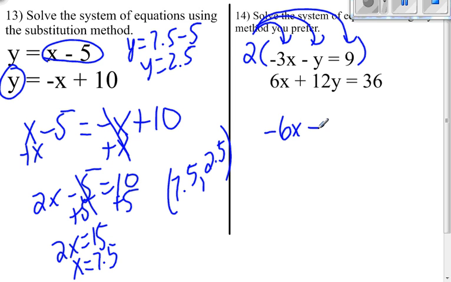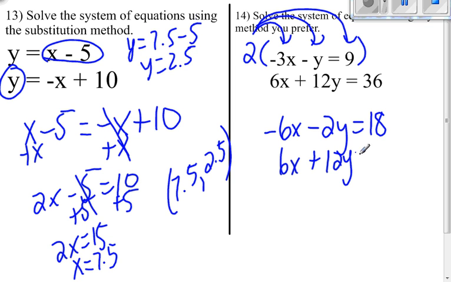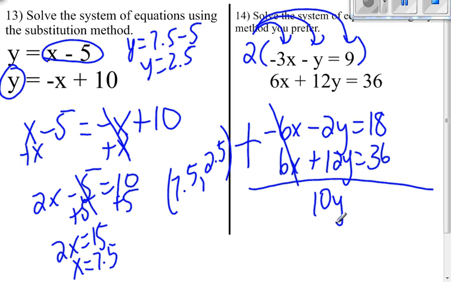Negative 6x minus 2y equals 18. 6x plus 12y equals 36. Because the signs are opposite, we're going to add. Cancels. 10y equals 54. Y equals 5.4.